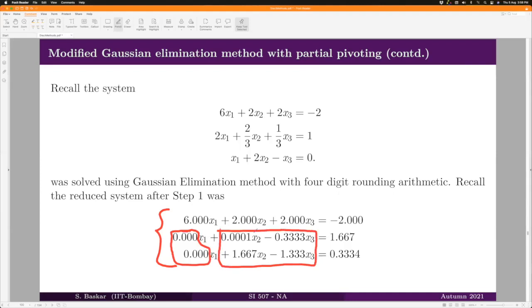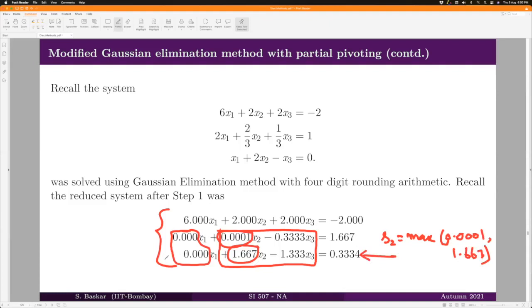For that, we have to take these two coefficients, and now when you go to find S2, it is going to be the maximum of 0.0001 and 1.667. Well, obviously the maximum is achieved at the third equation.